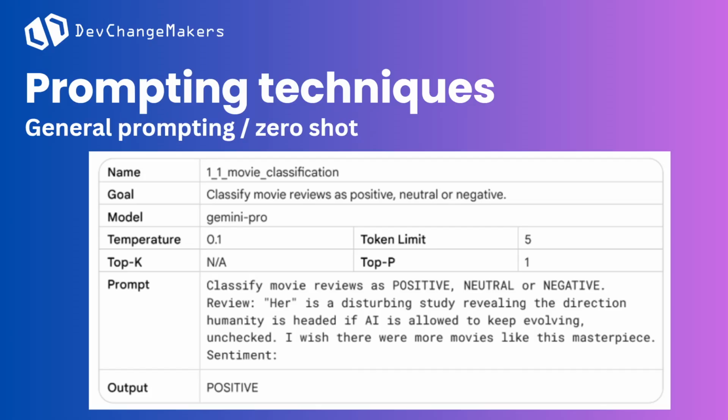We just write a command like classify the movie review as positive or negative, and it can give us the output. We do not provide any example, just the instruction. This is called zero shot.